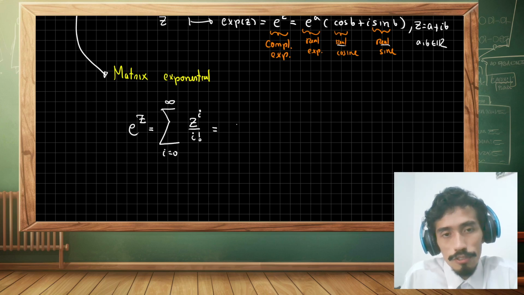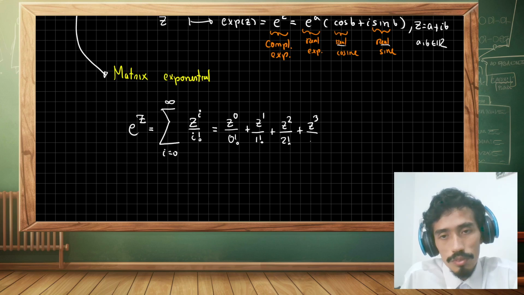Then the first few terms will be zeta to the zero over factorial of 0, zeta squared, zeta cubed, and so on.